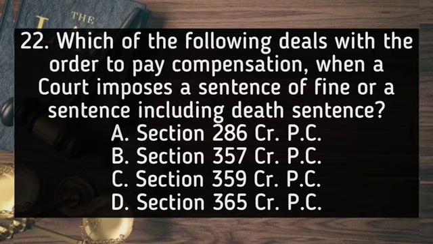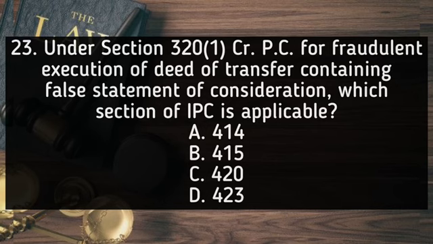Next question says, under Section 320 CrPC for fraudulent execution of deed of transfer containing false statement of consideration, which section of IPC is applicable? 414, 415, 420 or 423. And the answer for this question is 423.